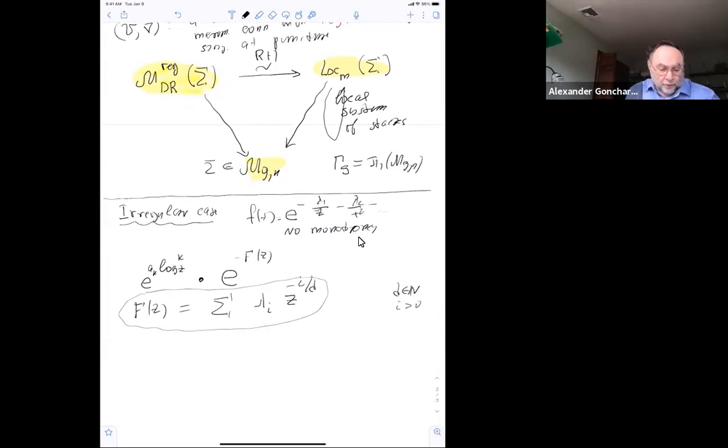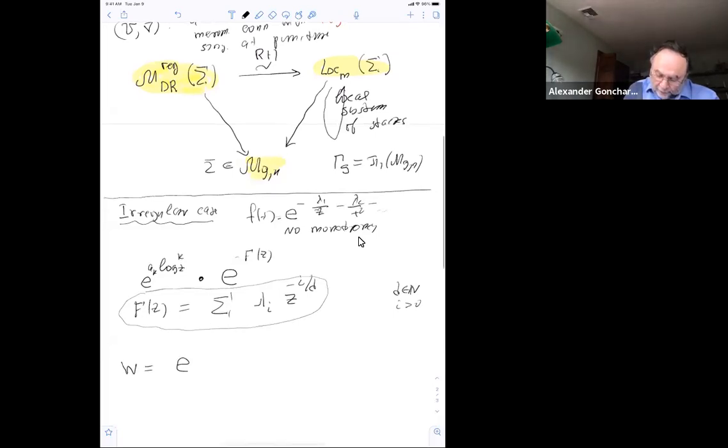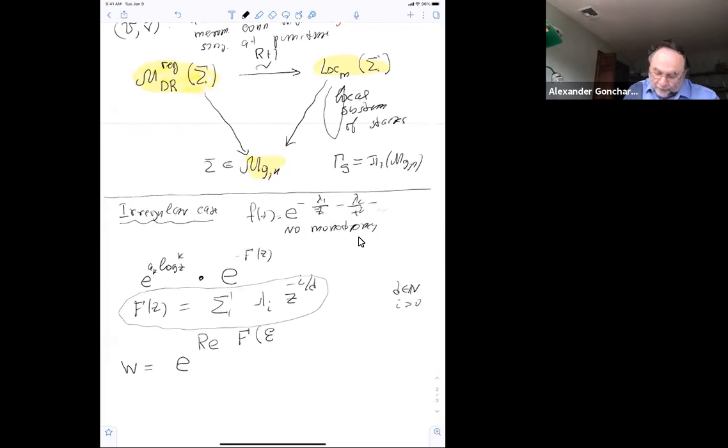Namely, what you do, you consider the following curve. You consider the function, take the exponent of the real part of this f function, which you restrict to some circle of small but given radius epsilon, and then also record the angle by multiplying by this exponent.